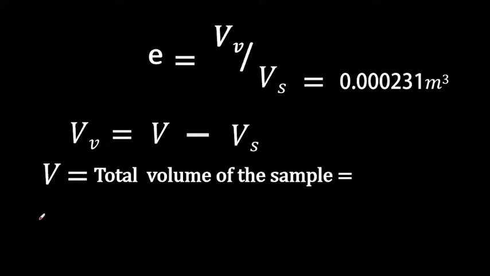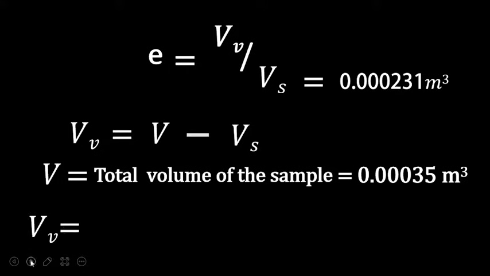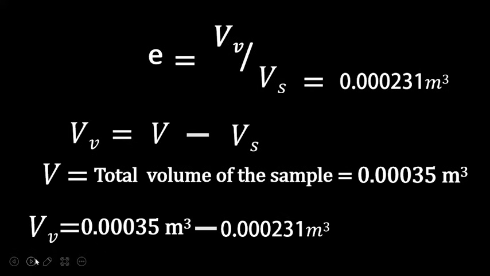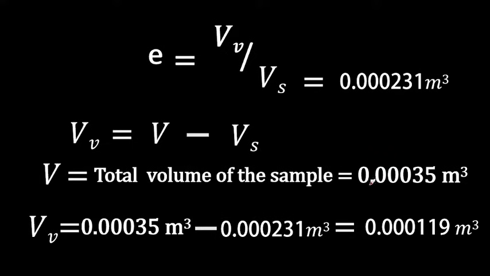The total volume from the equation is given as 0.00035 cubic meters. So if we plug in the values, we have 0.00035 cubic meters minus 0.000231 cubic meters. So the answer is 0.000119 cubic meters.